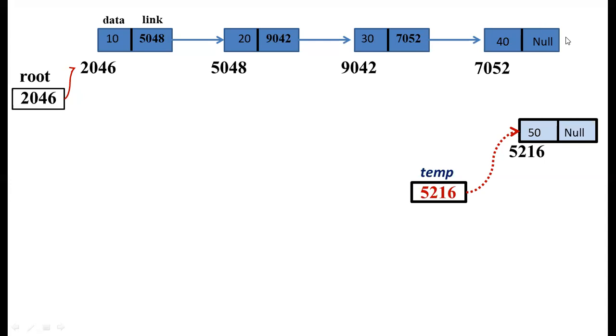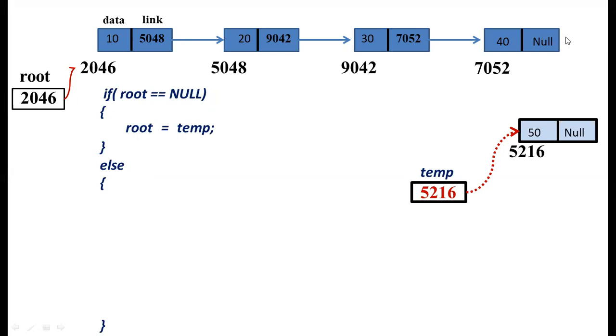Now our intention is to execute the else block. If the root is equal to null, then the temp value is assigned to the root. Else, here we have to write our logic.